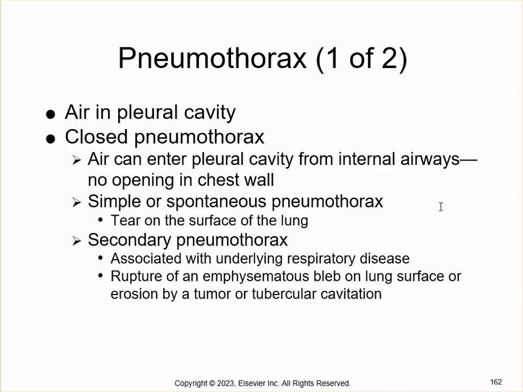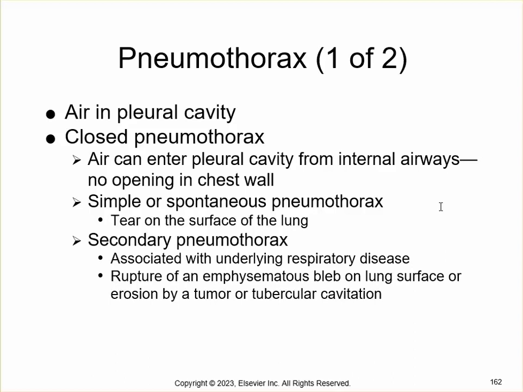Okay, pneumothorax is air getting into the pleural cavity. Like I showed you in class with the demonstration with the bottle, if there's a way for the pleural pressure to equalize to atmospheric pressure, then the lungs will collapse. Air enters the pleural cavity in a couple of ways.